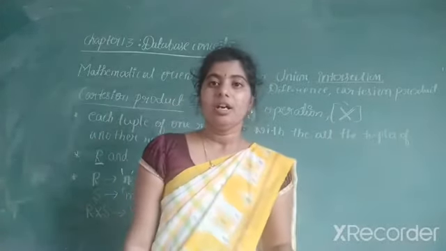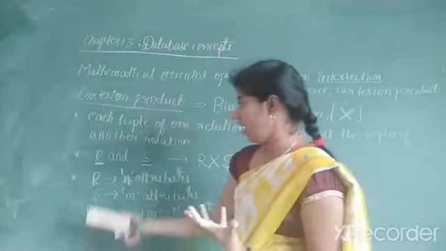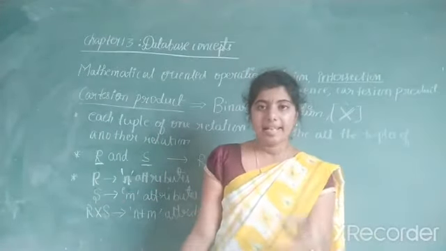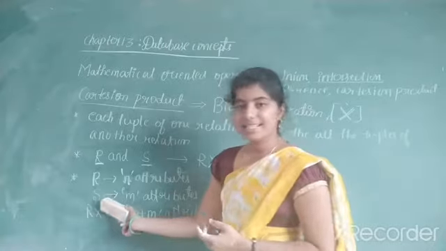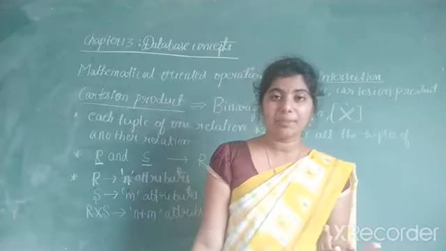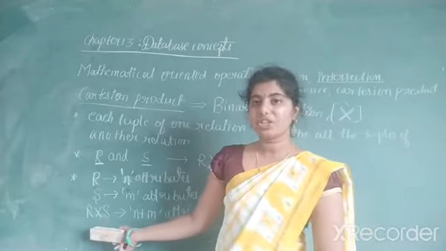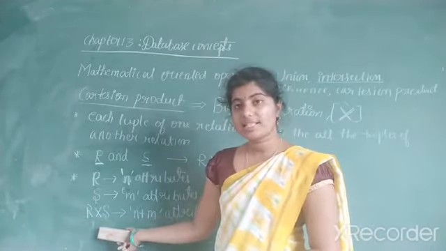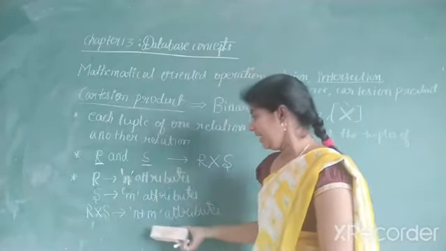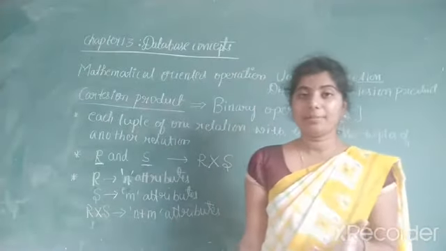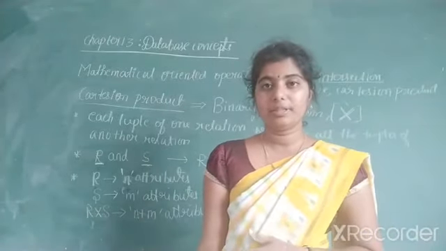For example, in the table I have taken, if relation R had only two attributes and relation S had 3 attributes, then in the resultant relation, that is called R cross S, 2 plus 3, it consists of 5 attributes in case of the resultant table. Clear with this?